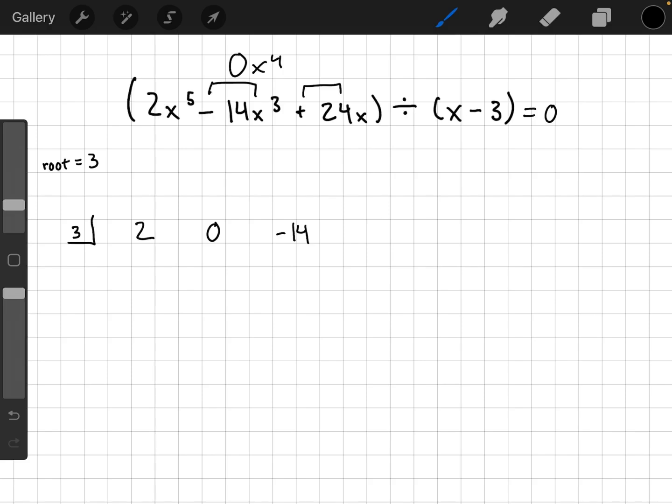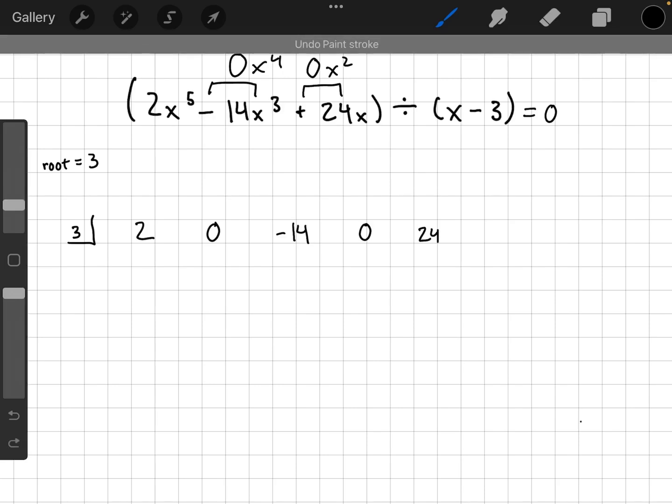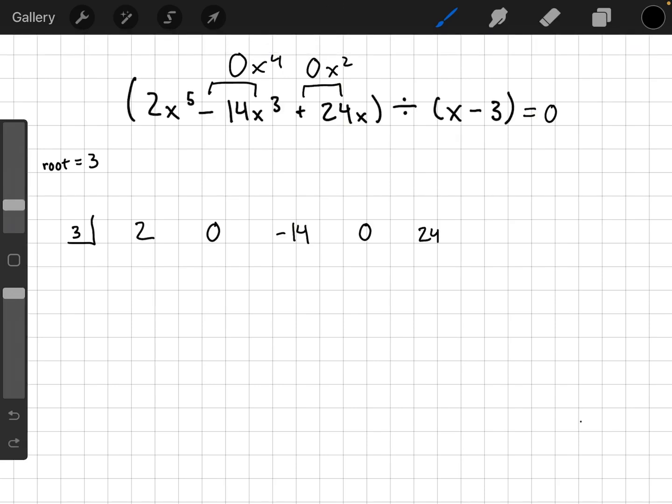Again, we're missing x to the power of 2, so I'll put a 0 here for placeholder. X to the power of 1, or just x, the coefficient is positive 24. And x to the power of 0, or just no x, there's also a 0 here, so I'll have to have a placeholder at the end as well.